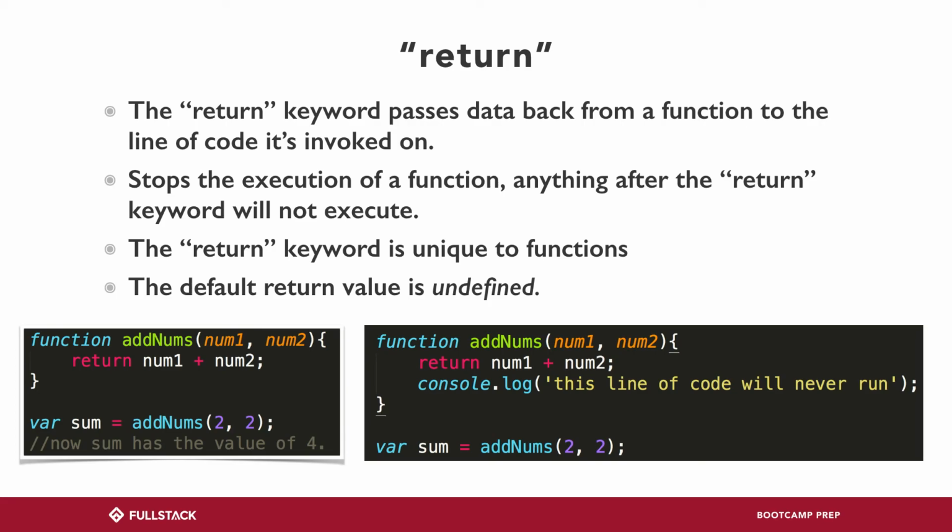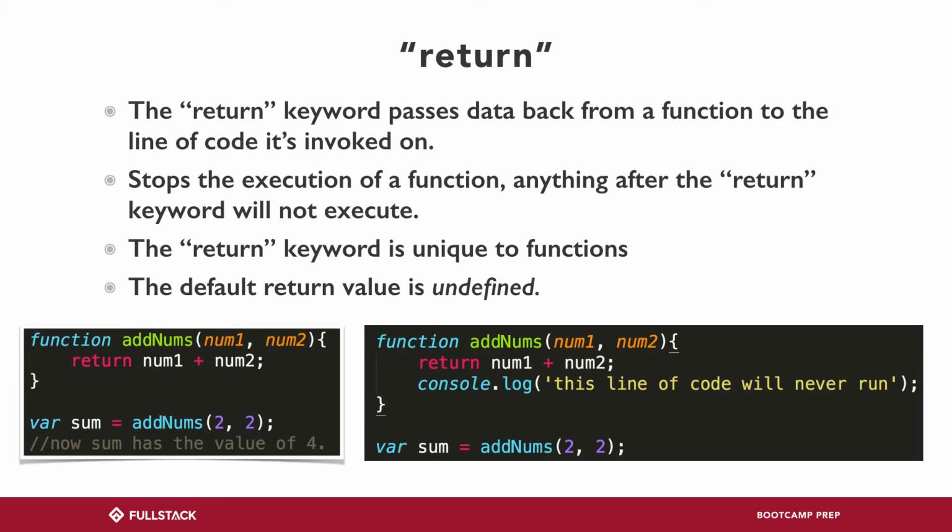And the other thing to note, which may or may not come in handy, is every function is going to return undefined by default unless you tell it to return something else. In a lot of cases you might not even need a return, and whether it returns undefined or something else, it's fine. You don't really care. But just know that by default, it's going to return undefined.